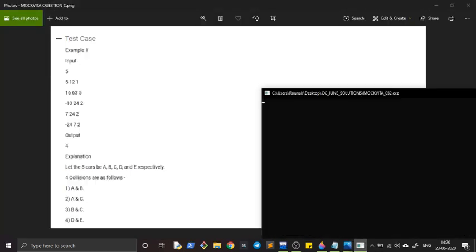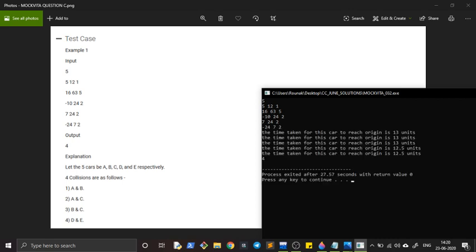So we have first 5, then 5 12 1, we have 16 63 5, we have minus 10 24 2, we have 7 24 2, we have minus 24 7 and 2, and so as you can see 13, 13, 13, 12.5, and the final answer is 4, and also the output is 4.